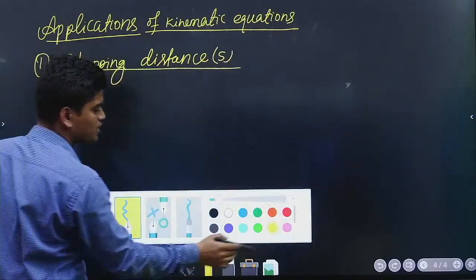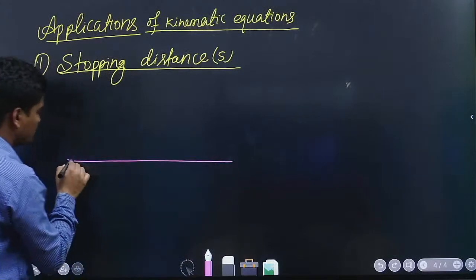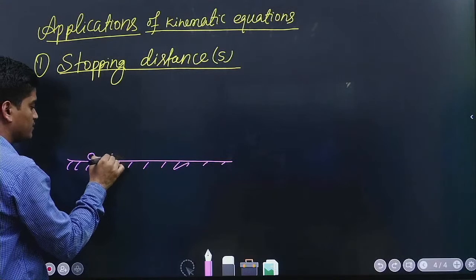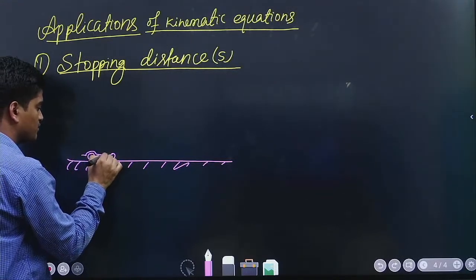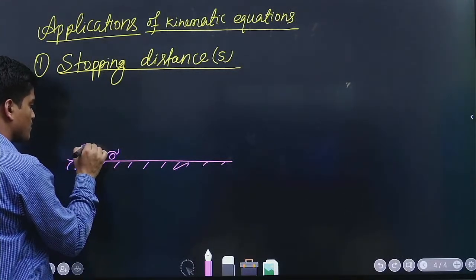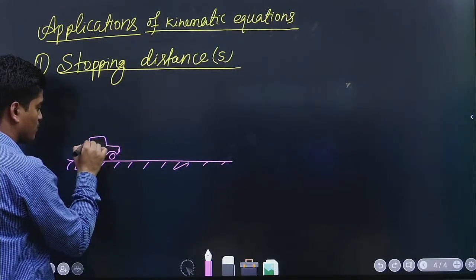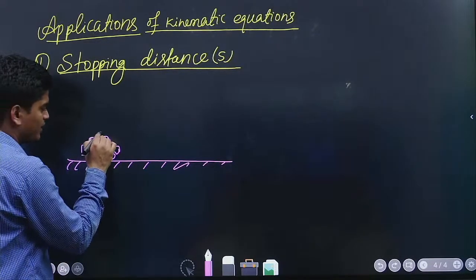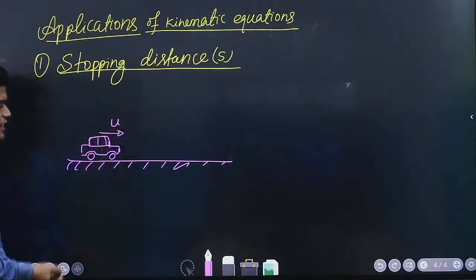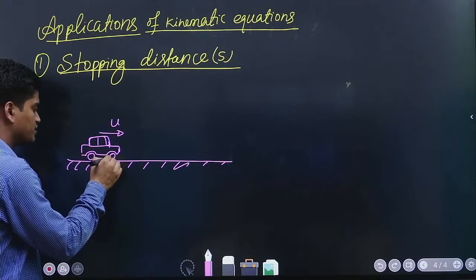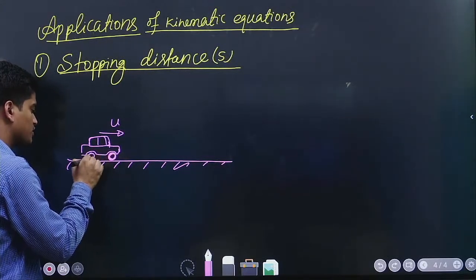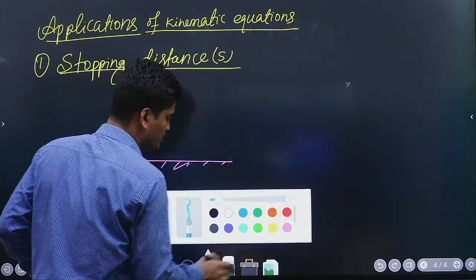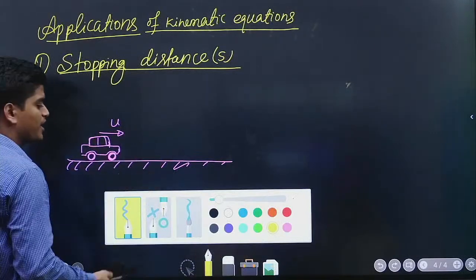Suppose I have a floor here. On this floor, one car is traveling with an initial velocity u, and this velocity is constant. Now at this point the car applies the brake.